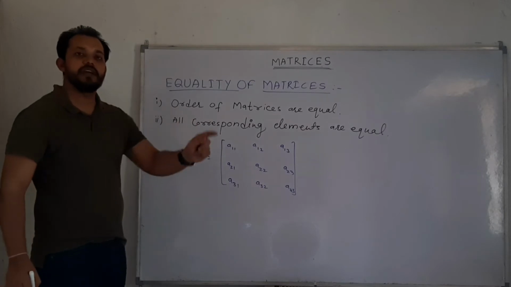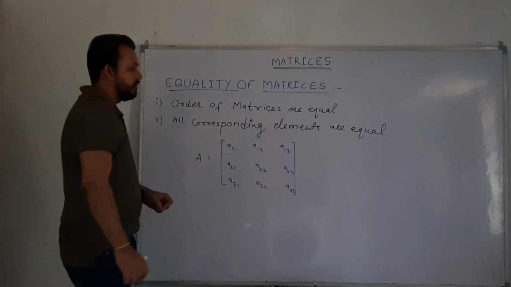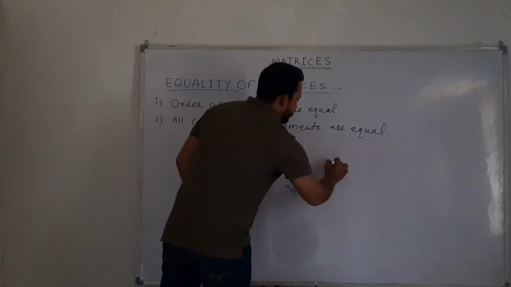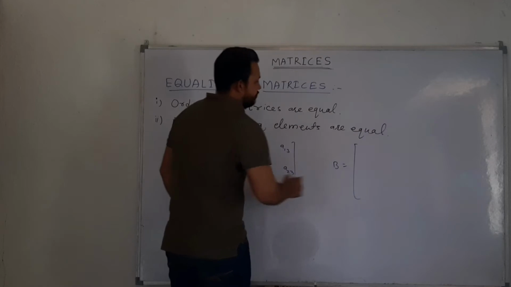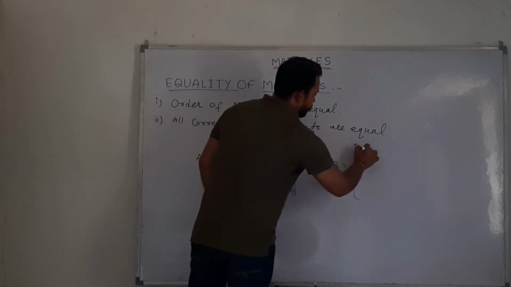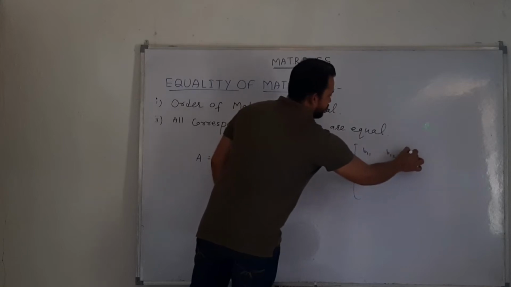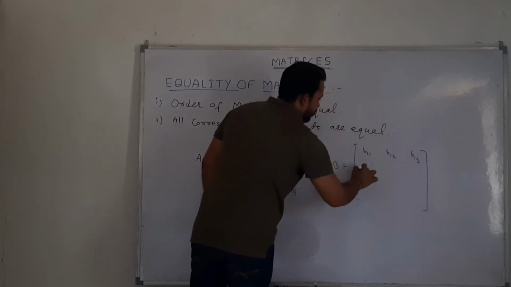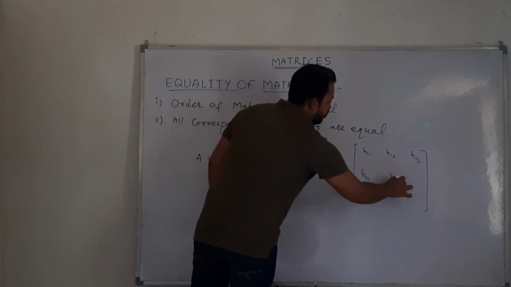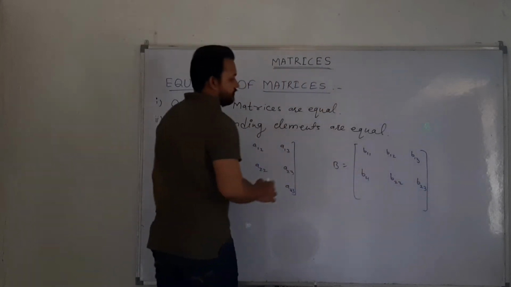And we have another matrix, the second matrix, that is B. And that matrix B is equal to B11, B12, B13, B21, B22, B23.